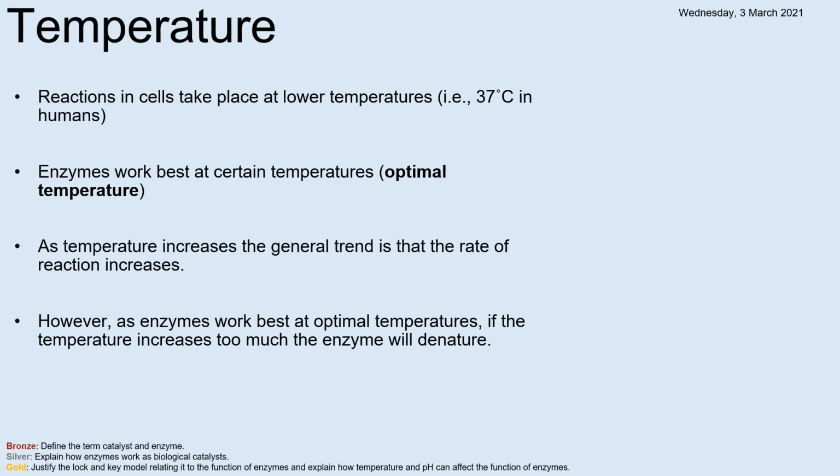But as enzymes work best at optimal temperatures, if the temperature increases too much, then the enzyme will denature. That means it permanently changes shape and can no longer function, because its active site has changed shape and it can't bind to the substrate. Denaturing in human enzymes normally happens at around 40 degrees Celsius, and actually that's true for most organisms.